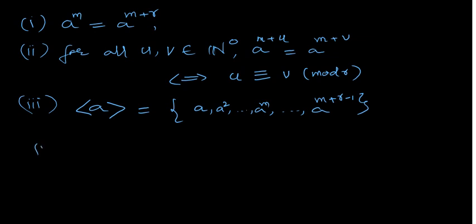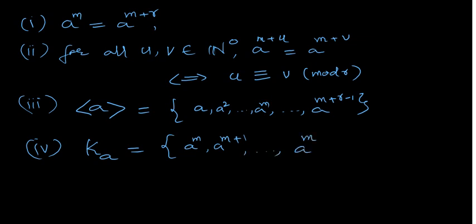And fourth property is we can define K subscript A. It is this set: A power m, A power m plus 1, up to A power m plus r minus 1.